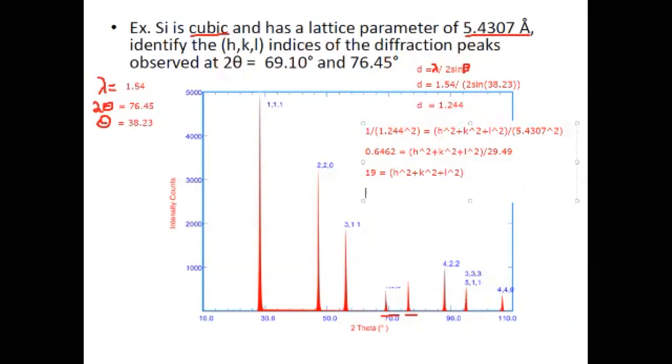So let's see. H is 3, that's 9. 9 and 9 is 18.